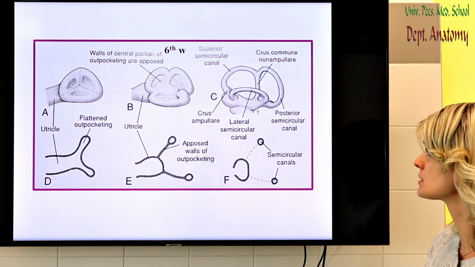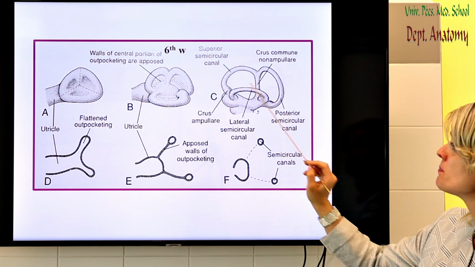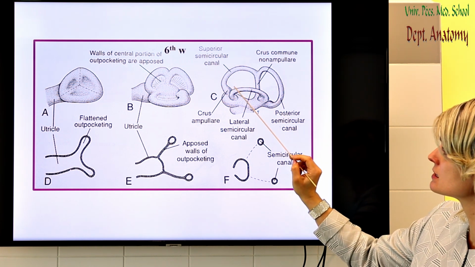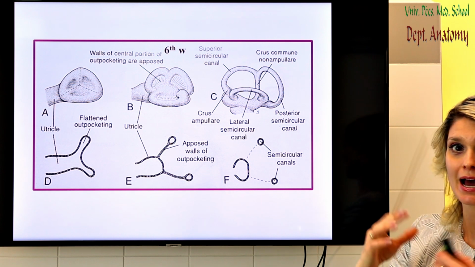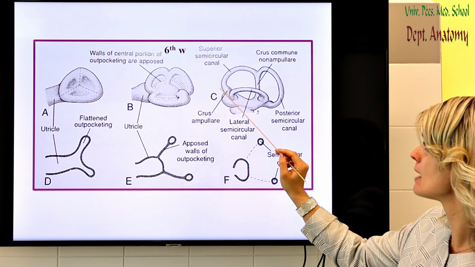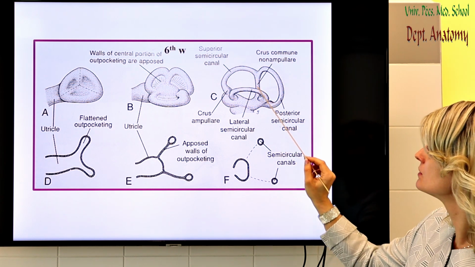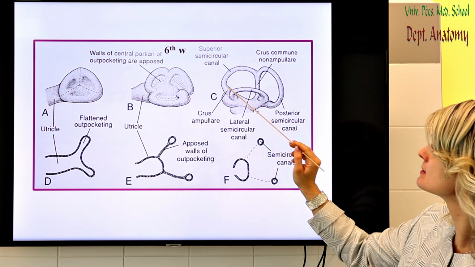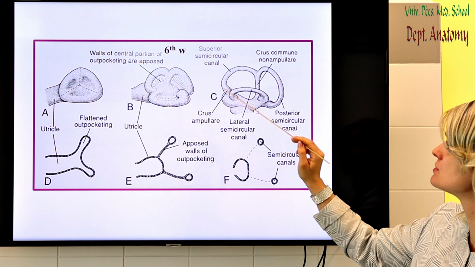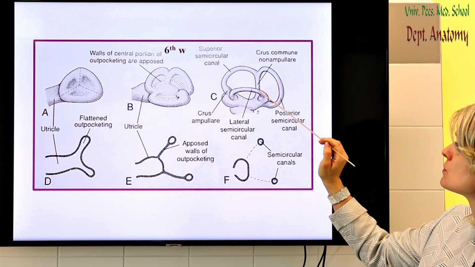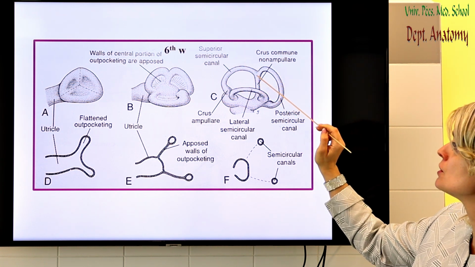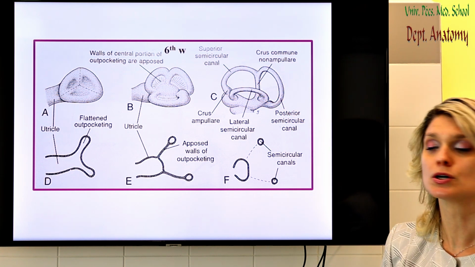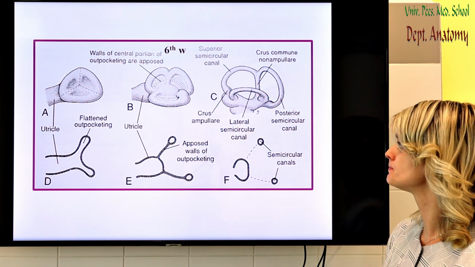semicircular shape, semicircular ducts. And the semicircular ducts have a dilated part called the ampullary part, and the other is called the crus simplex. But we know that the anterior and the posterior semicircular canals are fused, so that's why they have a common crus simplex.